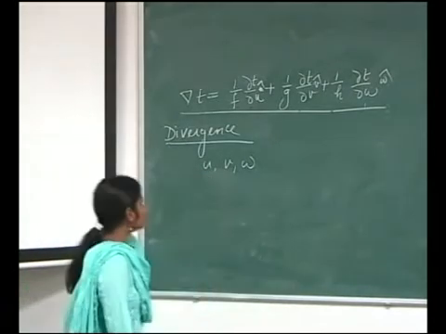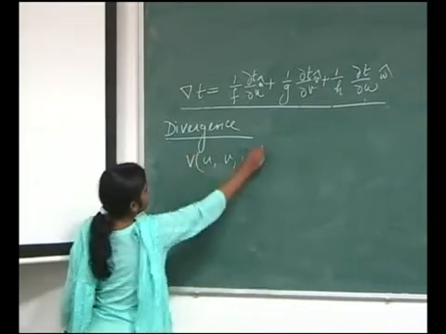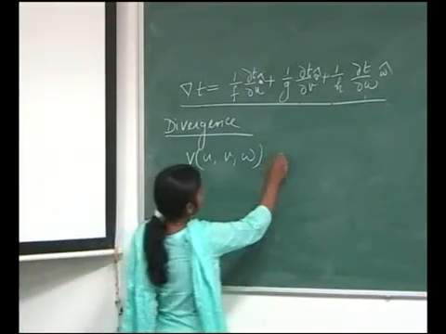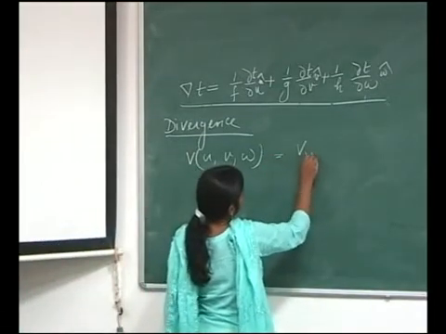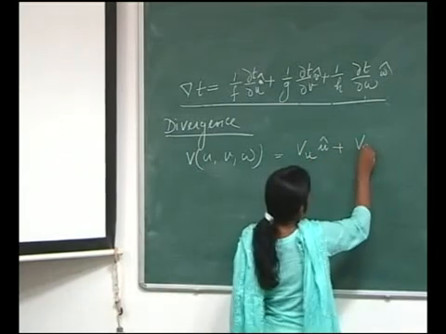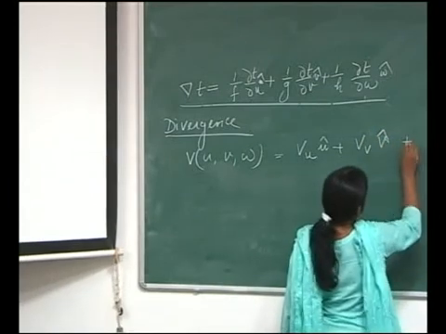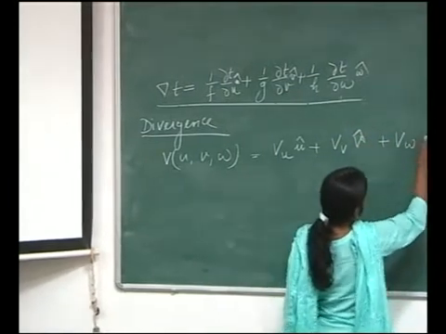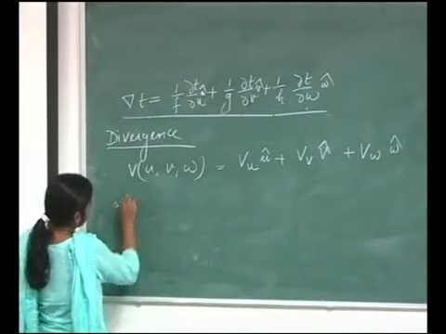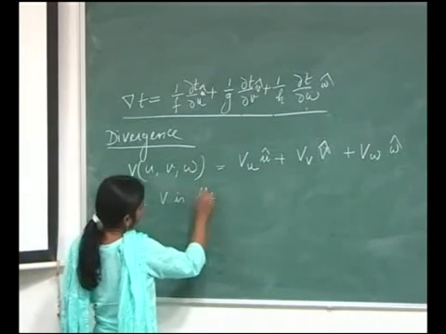So if I have a vector function V varying in u v w, and it is given as V u u cap plus V v v cap plus V w w cap, where V is the vector function.